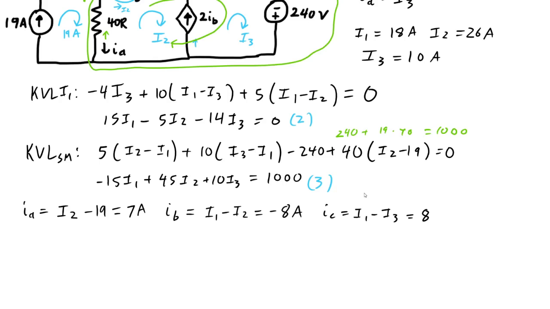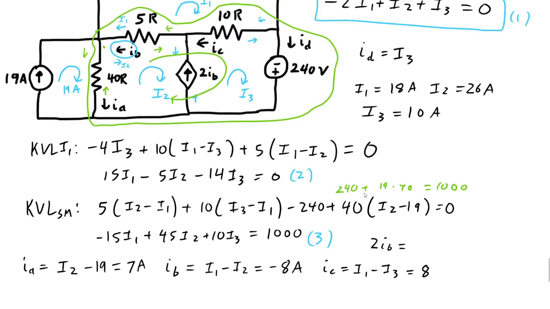And let's see if that makes sense real quick, because we have 2 IB coming into that node, and then IC, and then IB leaving. So if we know IB is minus 8, then 2 IB is going to be 2 times negative 8. So negative 16 plus 8 equals minus 8.